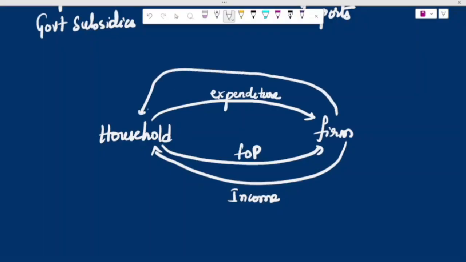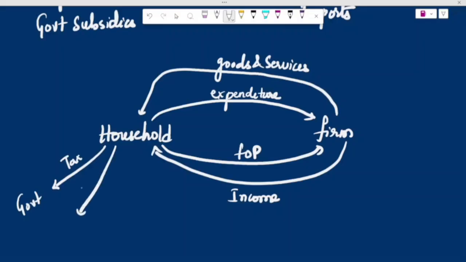And I'll be paying tax to the government. I'll be doing something called savings to the bank, and also I'll be getting imports from the foreign firm. I will be paying money to the foreign firm and I'll be getting imports.